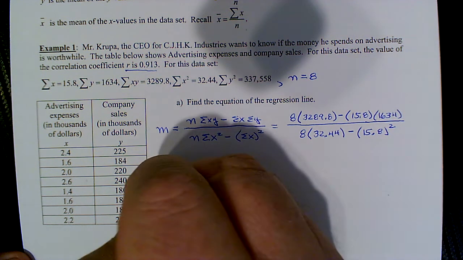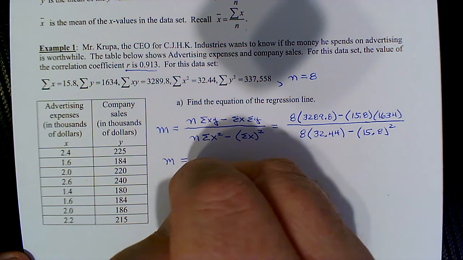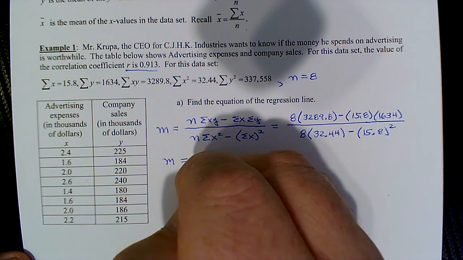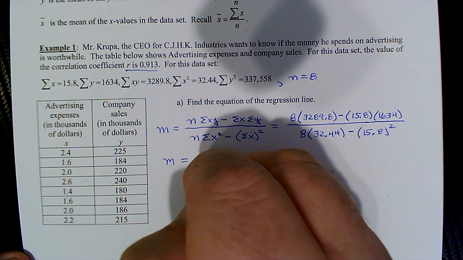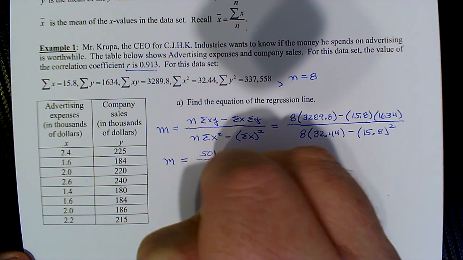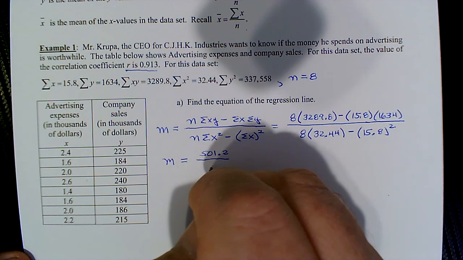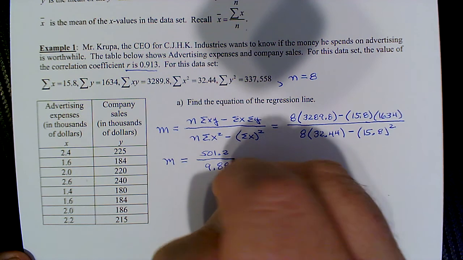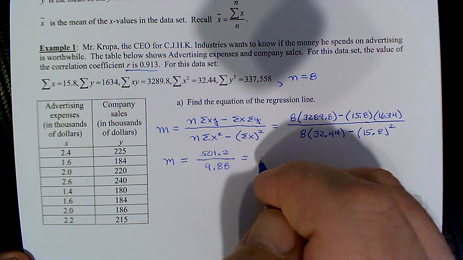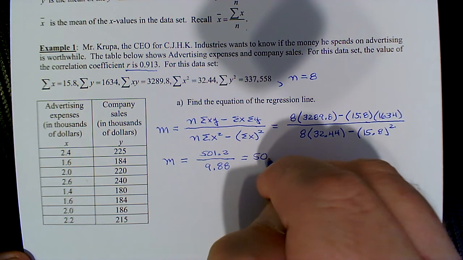Right, so once again, in terms of the computation, you might want to do the numerator and denominator separately. Get 501.2 for the numerator, 9.88 for the denominator, and that gives 50.73 for our slope.